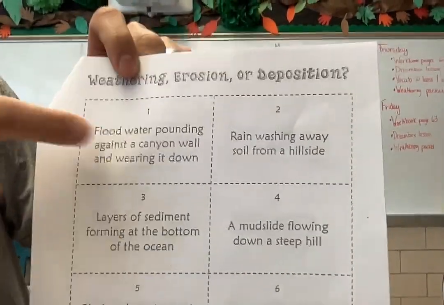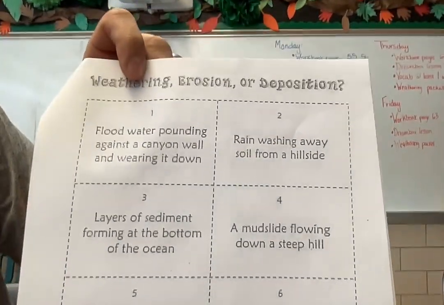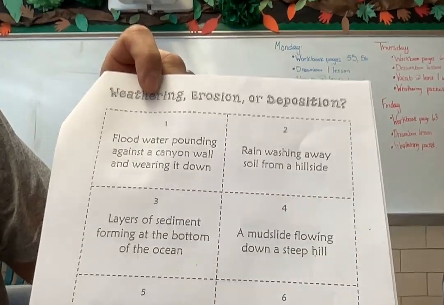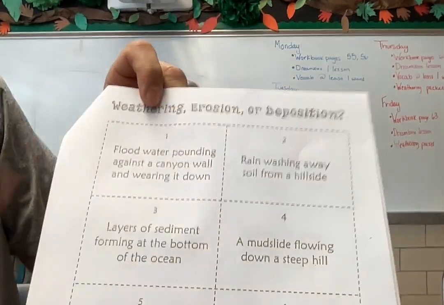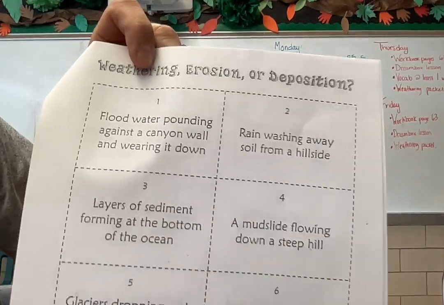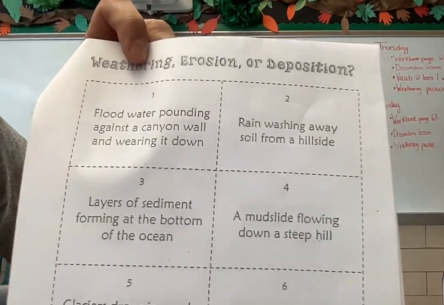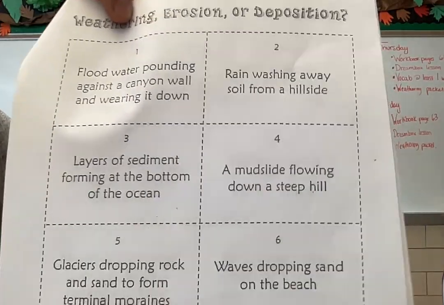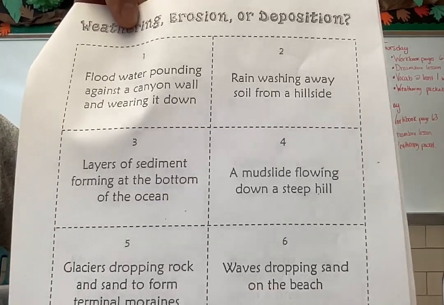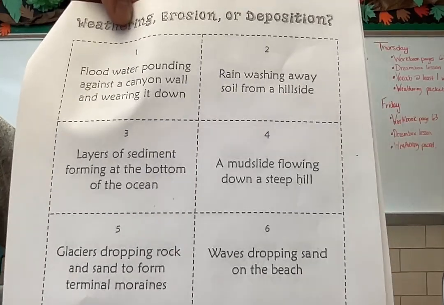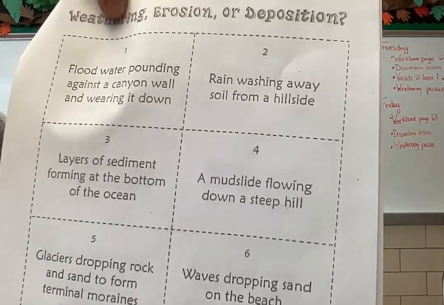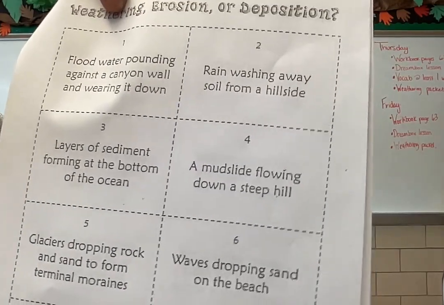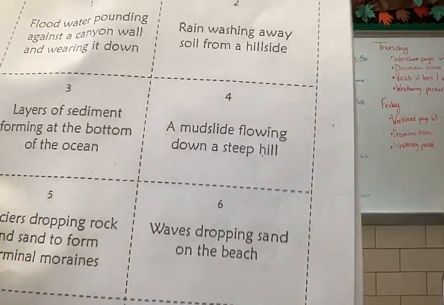All right, number 1 is floodwater pounding against a canyon wall and wearing it down. Number 2, rain washing away soil from a hillside. Number 3, layers of sediment forming at the bottom of the ocean. Number 4, a mudslide flowing down a steep hill.